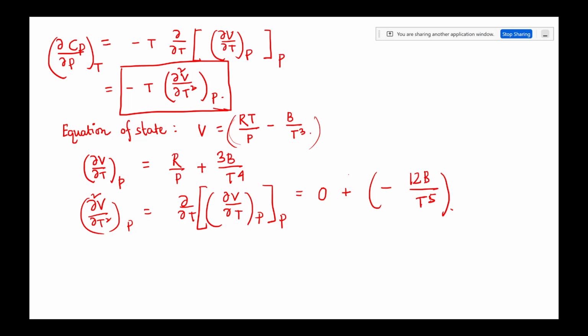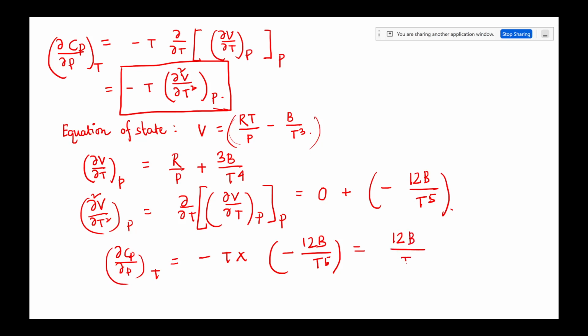Now I have to substitute into this. So del Cp del P at T will be minus T times minus 12B T to the power 5, which gives me 12B T to the power 4.